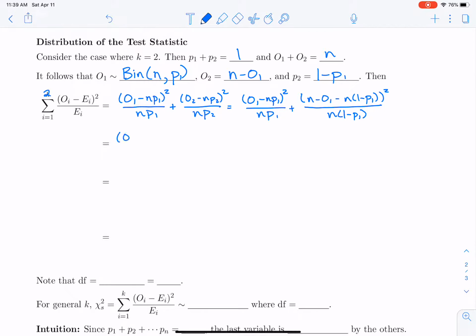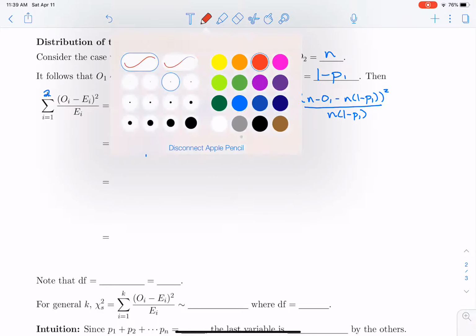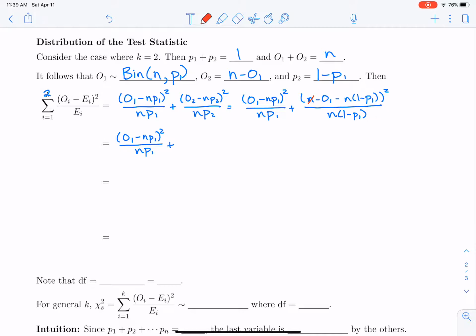So the first term still stays the same, (O1 minus np1) squared over np1, plus, and then what you should see is that these two n's cancel. We have an n there, and that would cancel with the n there.